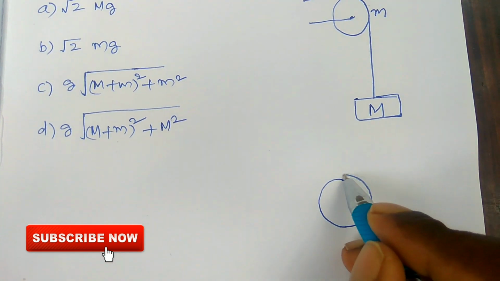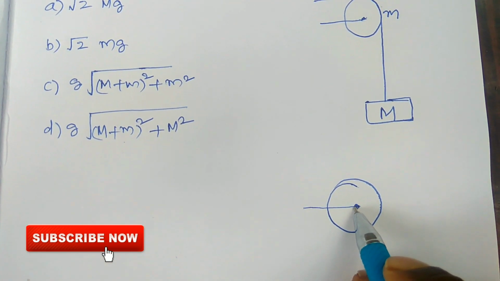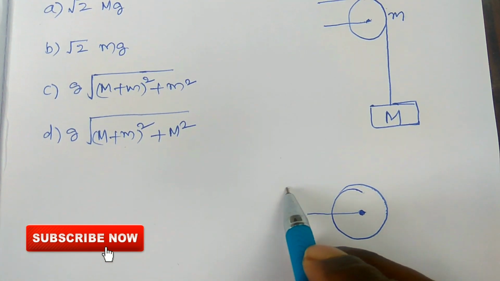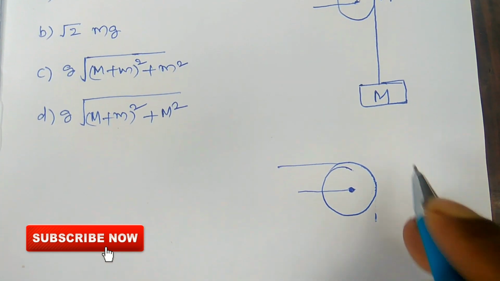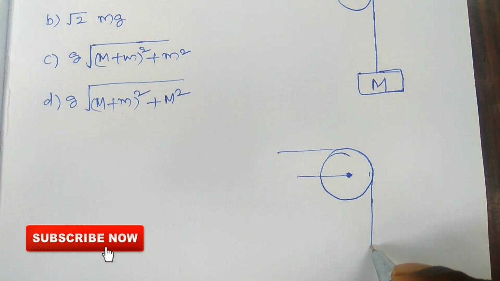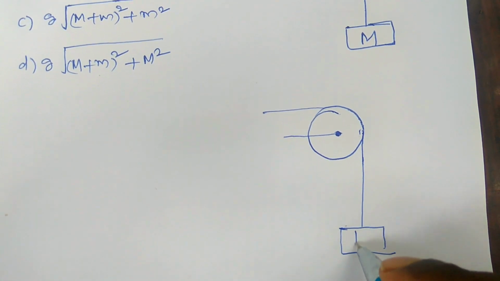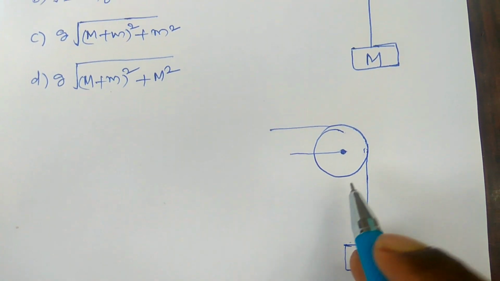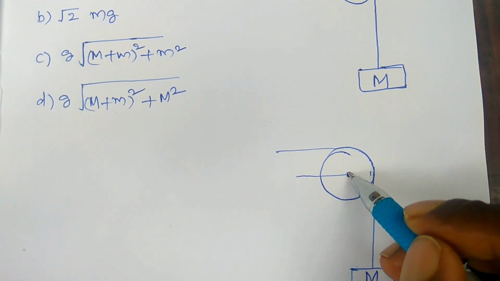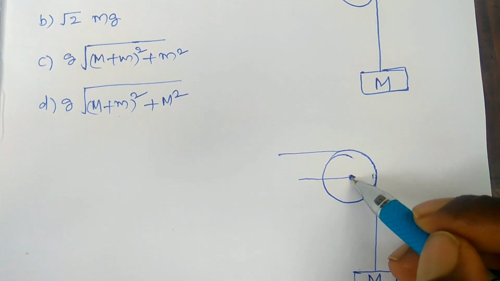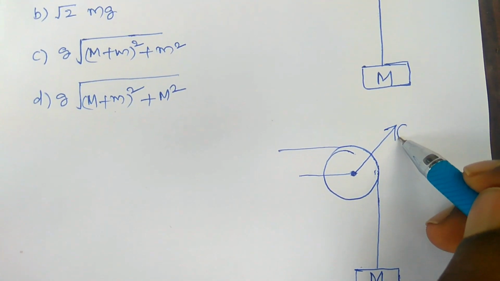This is the pulley, this is the clamp, and this is the thread carrying the block of mass capital M. This is the block. Here there is a force acting by the clamp on the pulley, that is the clamp force.